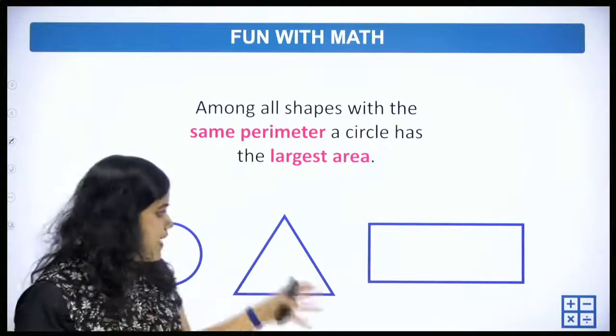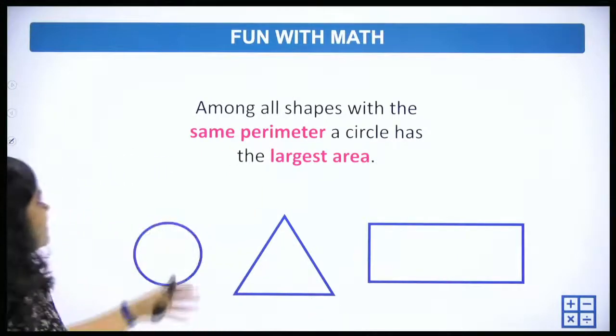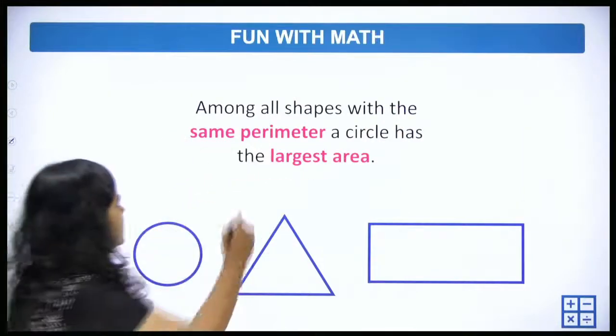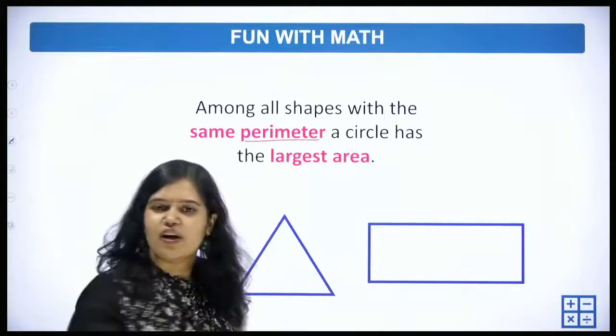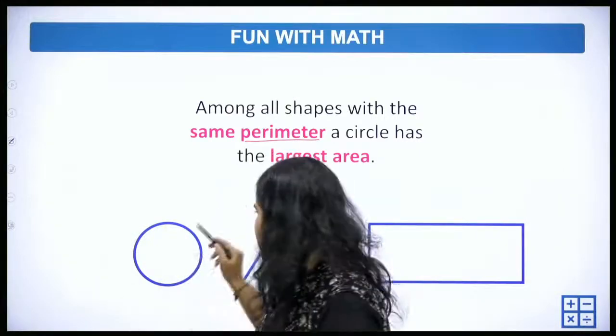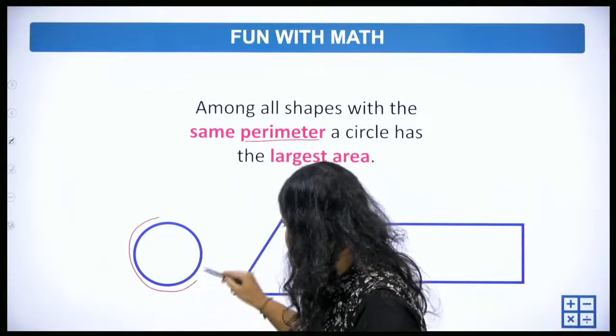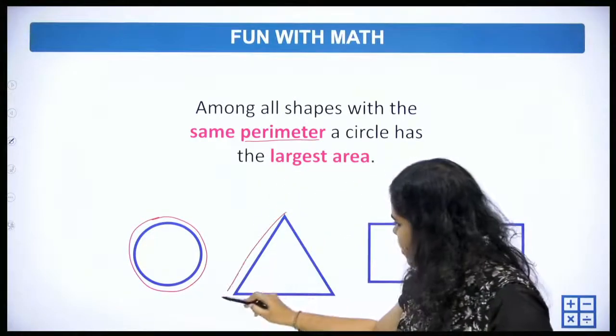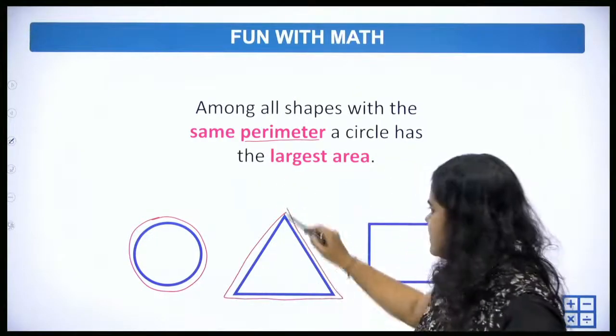The fact of the day is that among all shapes with the same perimeter, what does perimeter mean? Perimeter is the outline, the length of the outline, or we can also say the sum of all the sides.